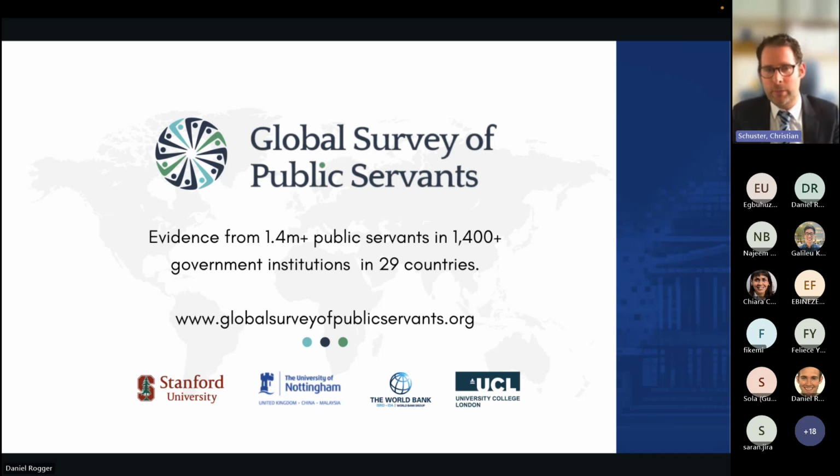If you go to the website here, globalsurveyofpublicservants.org, you can see that there's an indicator or data dashboard tab that allows you to explore data from 29 countries, over 1.4 million public servants that have in essence responded to surveys of public servants. So it's an initiative to try to improve the practice of surveys of public servants, to try to harmonize those surveys, but really also to make data available for others to use, and also data you can use in your teaching then.